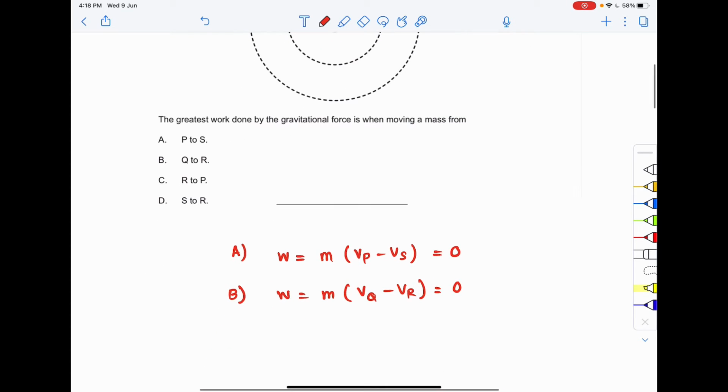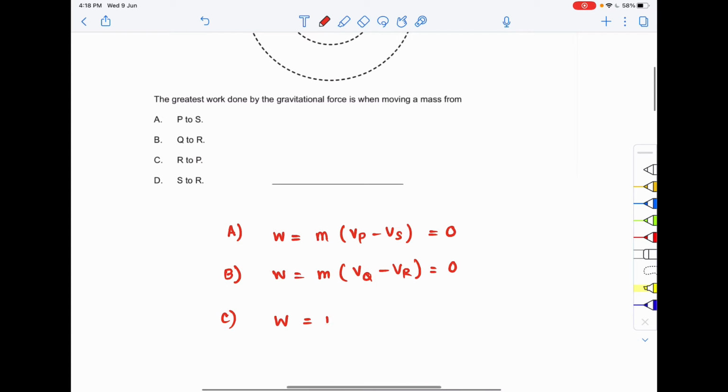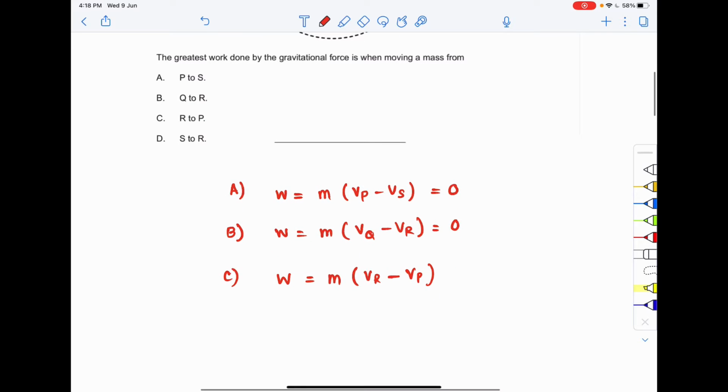Okay, now coming to option number C, from R to P. So that means the work done in transporting from R to P will be equal to m times potential of the point R minus potential of the point P. Okay, now what is potential at point R? This is equal to minus G capital M divided by small r, R of capital R, right?